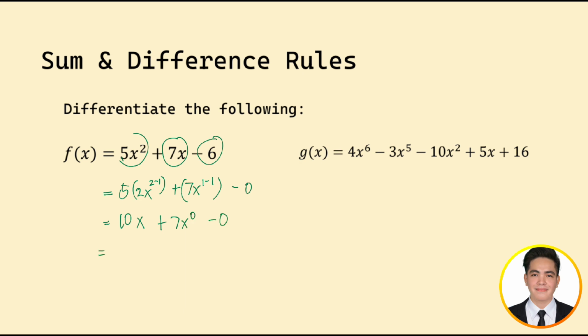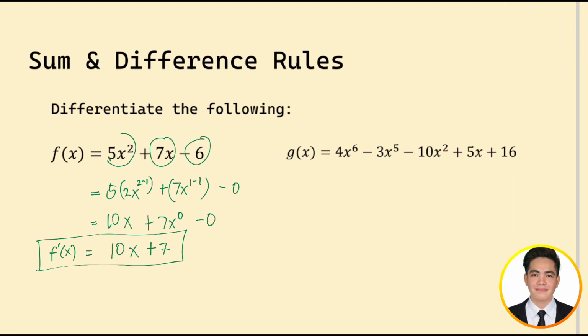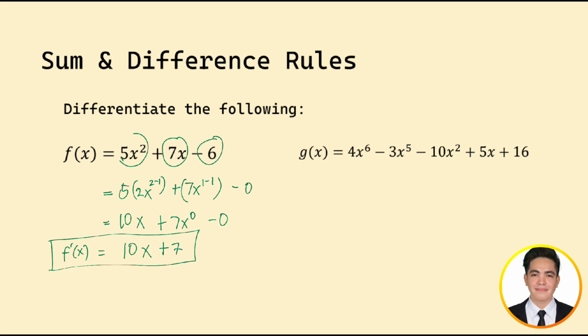And then 10x. X raised to 0 is 1, so we write 7 here. So this is the answer. The f prime of x is equivalent to 10x plus 7. Yeah, it's correct. And then the last example, I guess it's the last example. Yeah. So let's proceed to the last example.